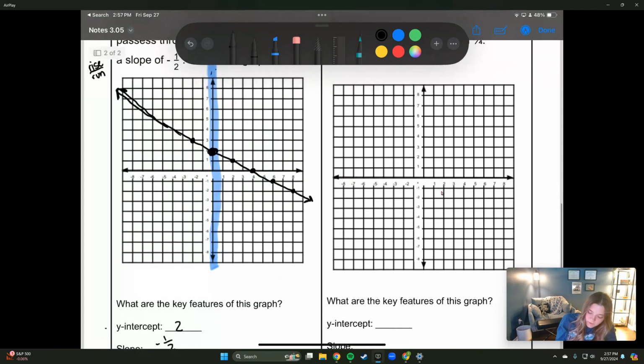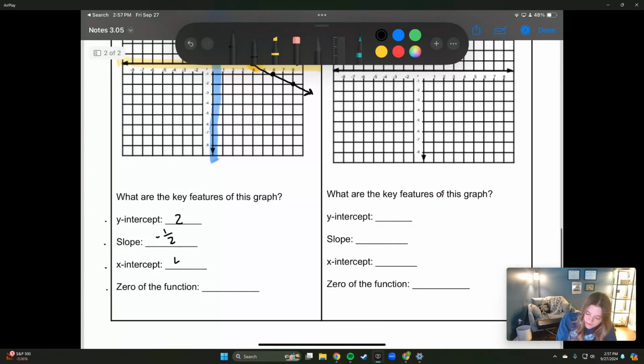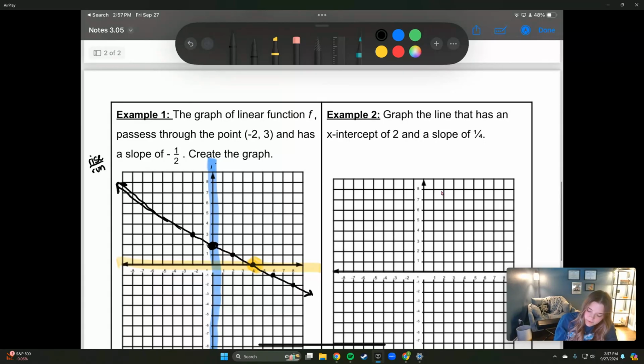The x-intercept is where it crosses on the x-axis, right here, at 4. And then the zero of the function, if you'll remember, is the same thing as the x-intercept. So once again, 4.